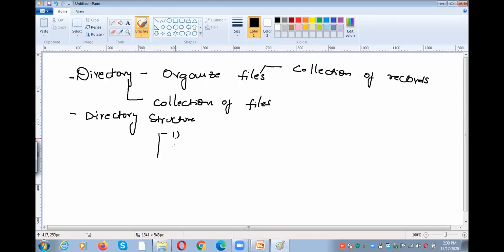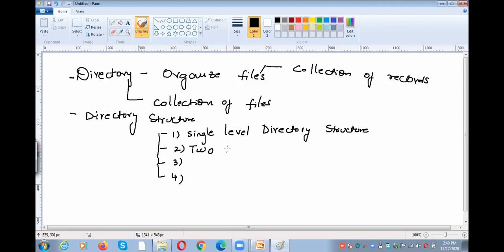Mainly we have four types of directory structures. The first one is single level directory structure. The second one is the two level directory structure.